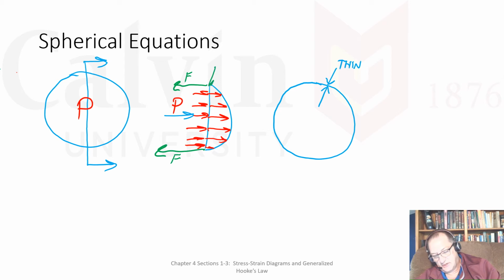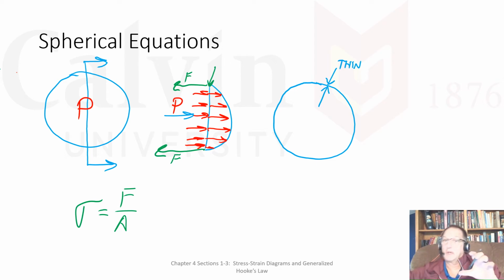Now, if I want to know the stress in the material right there, that stress is equal to the force divided by the area. Well, what's the force? Well, the force is the pressure acting to keep that all together. I've got a free body diagram in a sense.